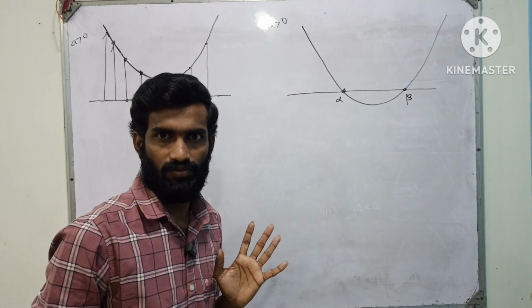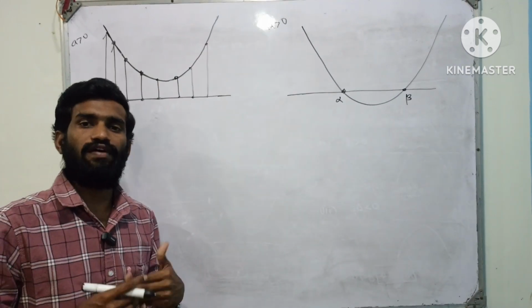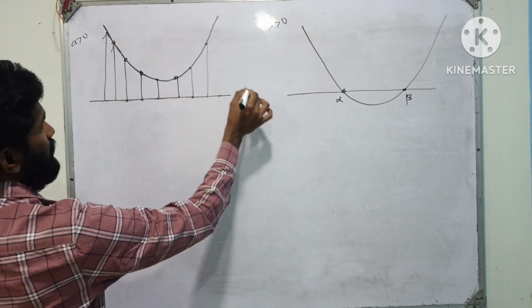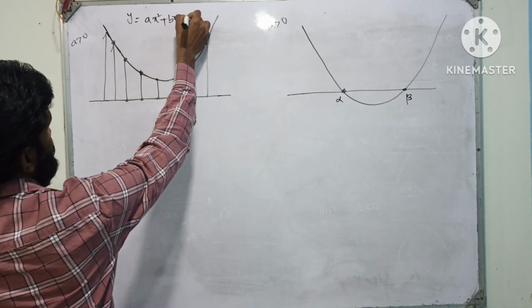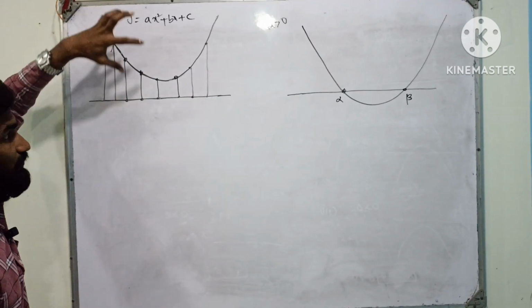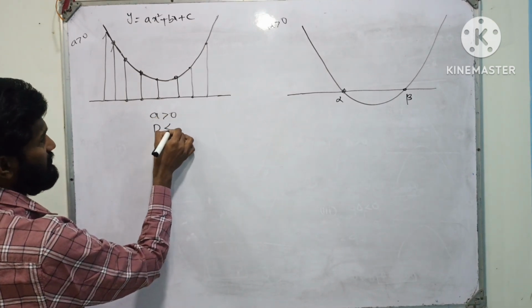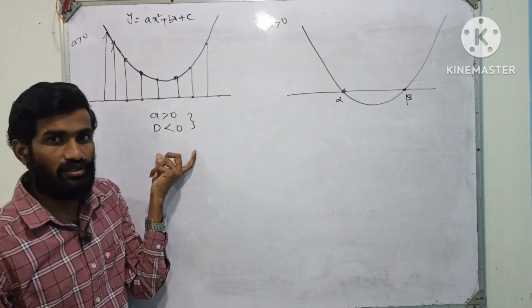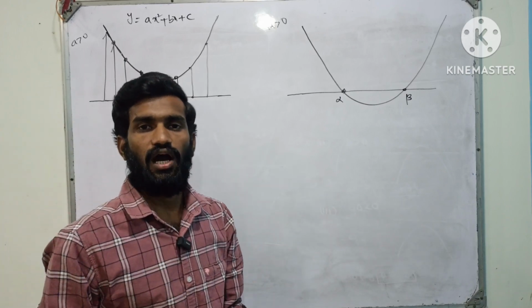When the value of the graph is always positive for all values of x, for example y equals ax square plus bx plus c, that means y is positive for all values of x. When a is greater than 0 and discriminant is less than 0, definitely the value of the graph is always positive.